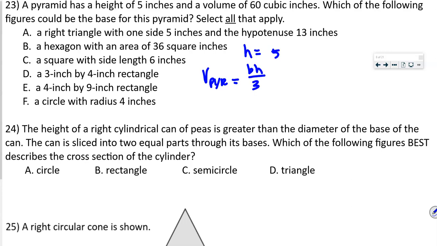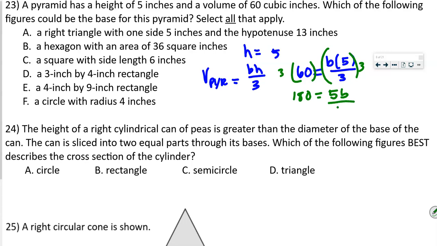So we're going to say 60 equals the base times 5 divided by 3, right? So we're going to get rid of that 3 by multiplying both sides by 3. So that's going to give us 180 equals 5 times the base. We're going to divide both sides by our 5. So that means that our base has got to be equal to 36. So what we want to do now is look and see which of these is equal to 36.